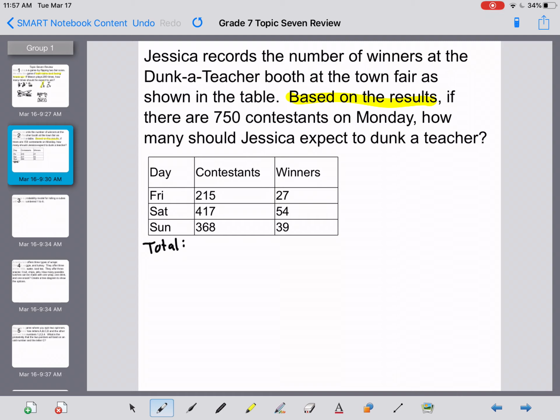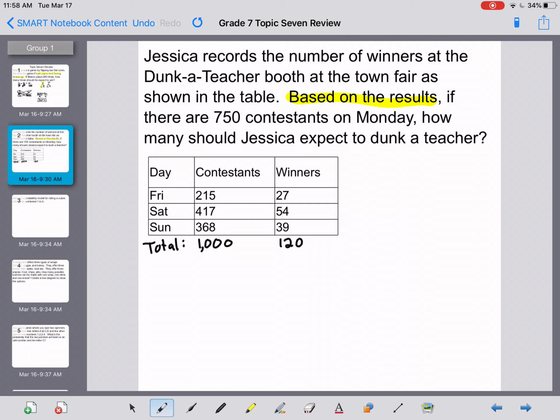To find the total number of contestants, I'm going to add up those 3 numbers. 215 plus 417 plus 368 is equal to 1,000. So there's a total of 1,000 contestants. Now I'm going to determine the total number of winners. 27 plus 54 plus 39 is equal to 120.